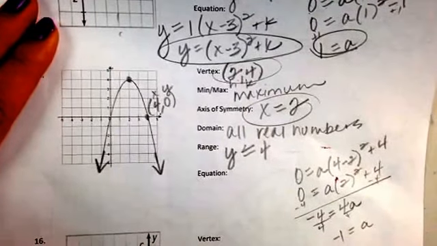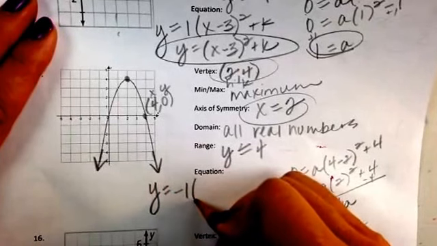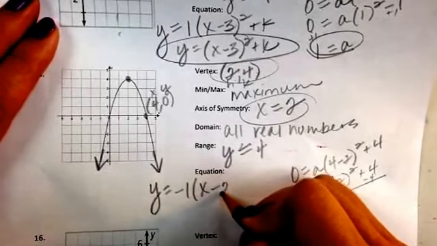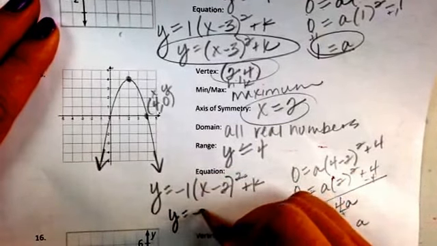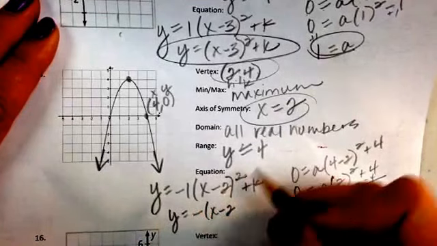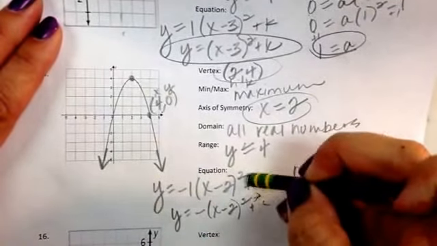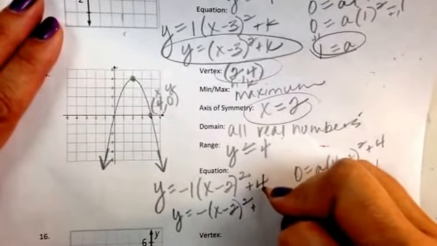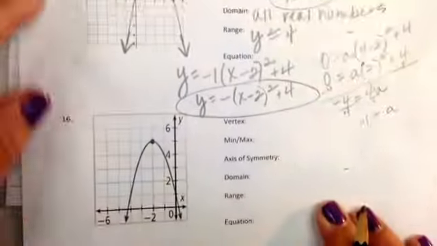That goes right along with the fact that this parabola opens down. The equation is negative 1 times the quantity x minus our h value, which was 2, squared plus k. I'm going to get that 1 out of there and write it simpler. The opposite of the quantity x minus 2 squared. Oh, let me put a k value in there, plus 4. There you go.